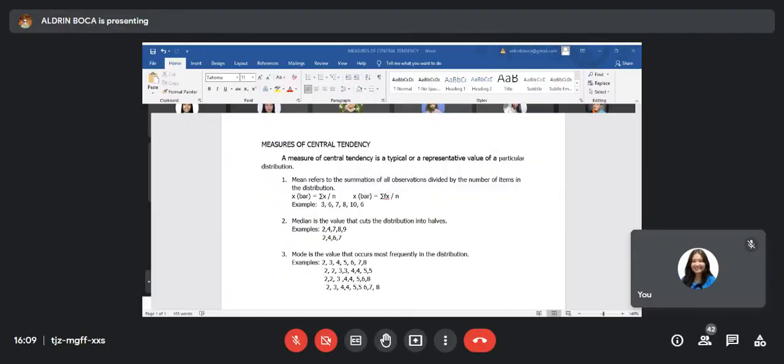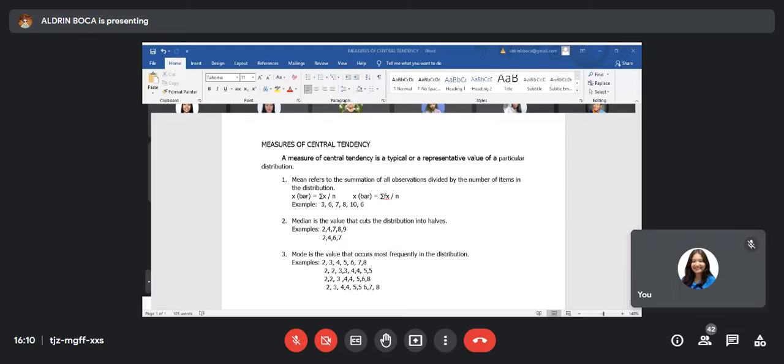Okay. So let's define what a measure of central tendency is. When you say measure, it would include, for example, mean or median or mode, okay? So a measure of central tendency, so yung mean, median o kaya mode, is a typical value or a representative value of a particular distribution.